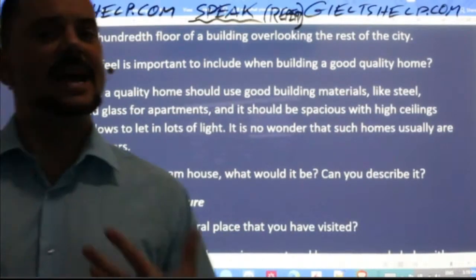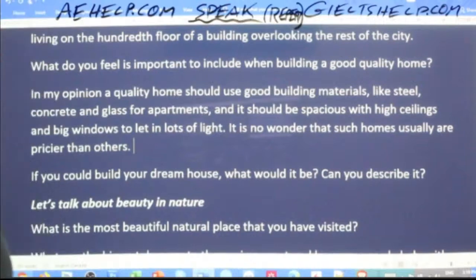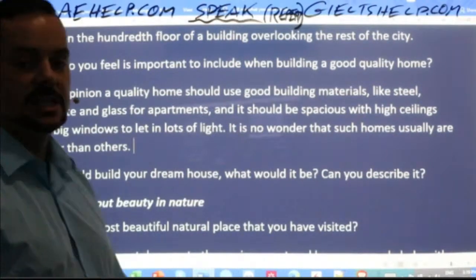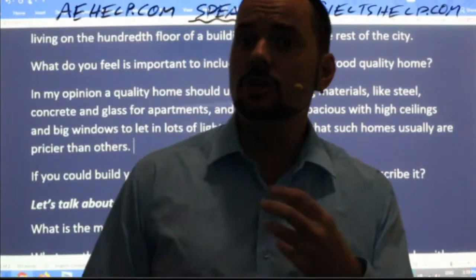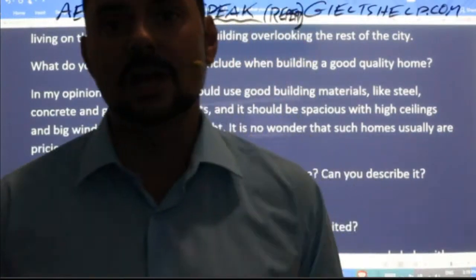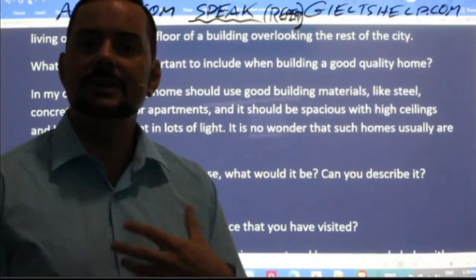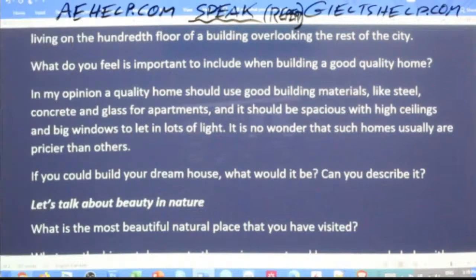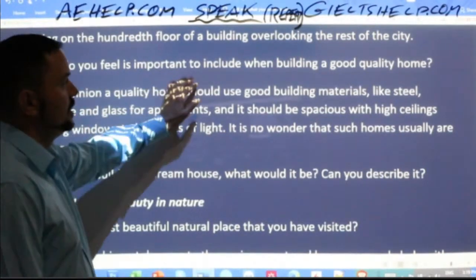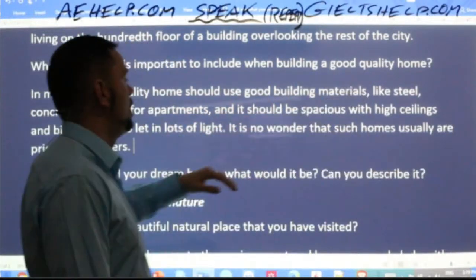So nice natural diction and flow. Let's keep moving. Think about answers, explanations, examples, and using visual language. Okay? So give examples, give visual language to what you're saying. Here we go. What do you feel is important to include when building a good quality home?